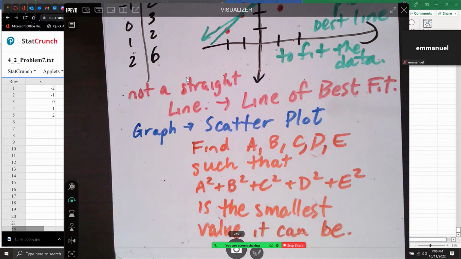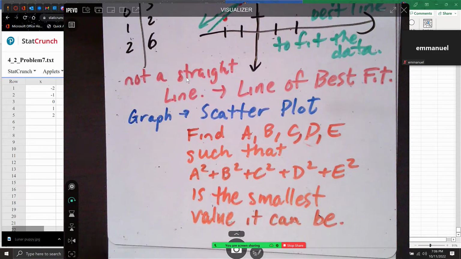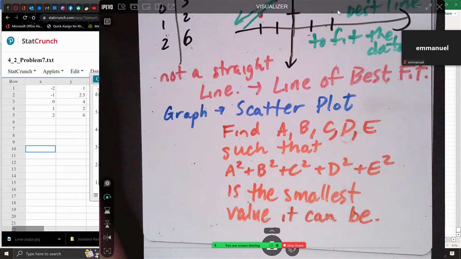But I've got a little bit more I need to do on the stuff over here to back up what we're doing. Because I showed a straight line on this graph, right?